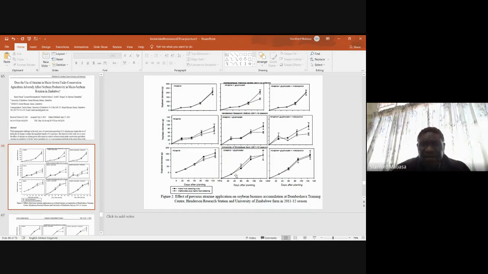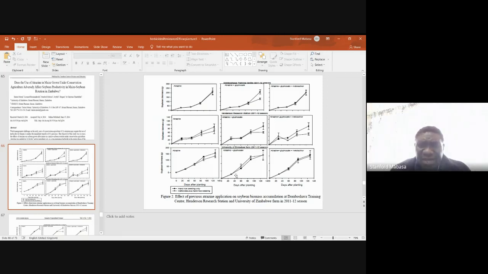These graphs are showing where atrazine was applied and the controls, and that is the growth of soybean.